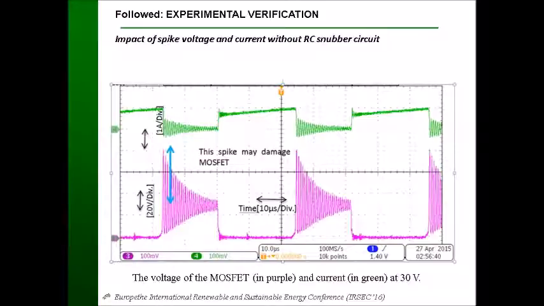If you can notice here, you will see this voltage is twice the level of the input voltage. I am here using 30 volt only. With 30 volt the voltage level is low, so the MOSFET will not be damaged.